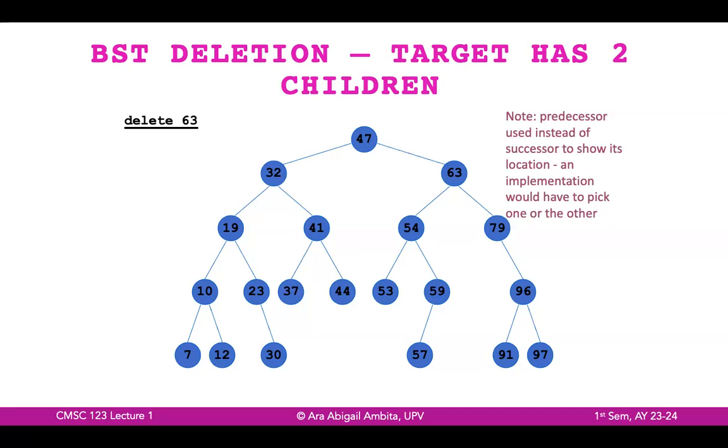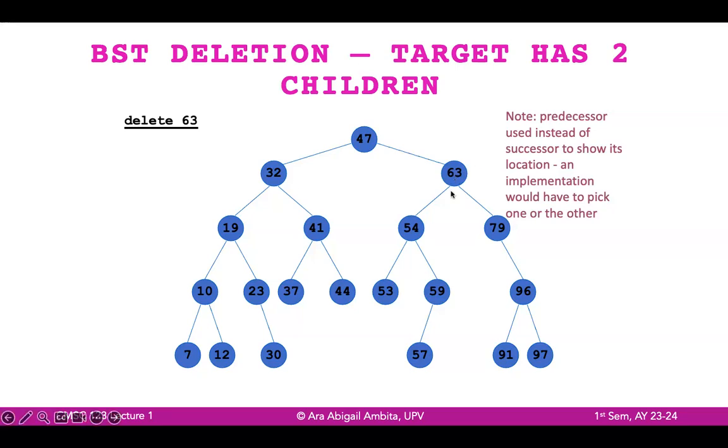Now let's look at another example. Assuming that we are going to make use of the predecessor instead. In other words, if we are deleting a node that has two children, and we are choosing the predecessor, the predecessor is the rightmost node of its left subtree.